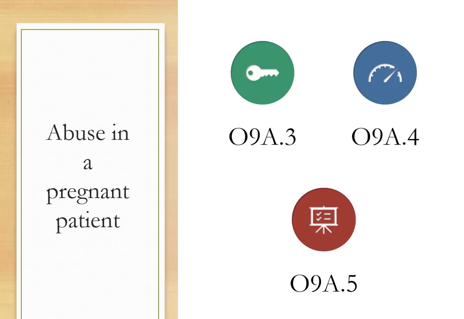And just so you know, all of these codes are complicating pregnancy, childbirth, and the puerperium. So these codes, if they apply, should be sequenced first, followed by the appropriate codes to identify any associated current injury that's due to the physical abuse, the sexual abuse, as well as the perpetrator of the abuse.